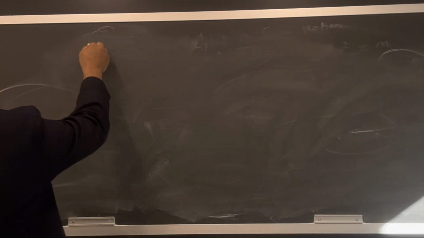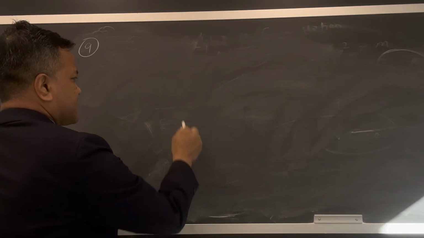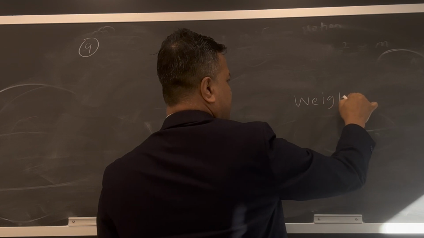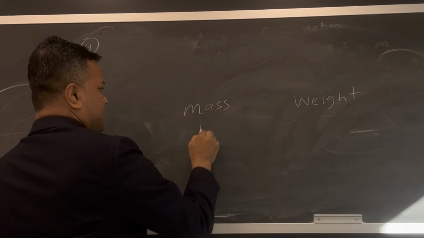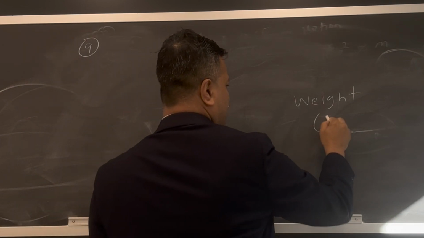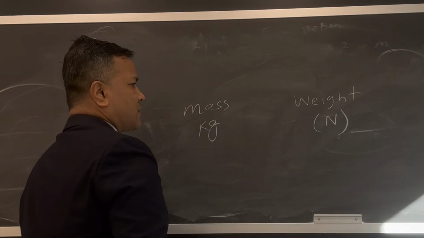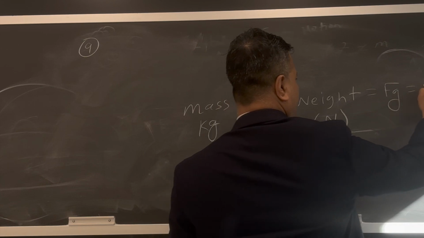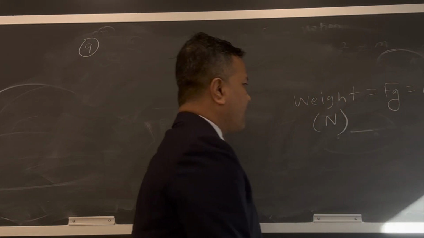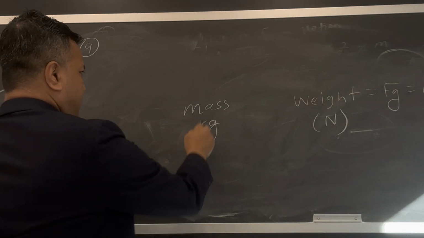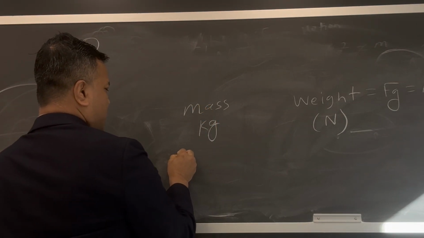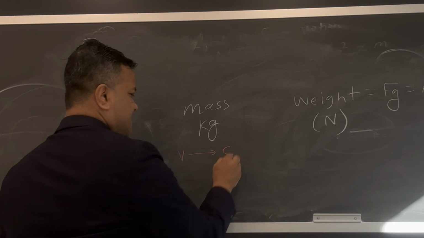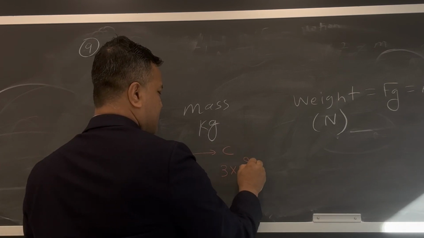Number 9. In class, I told you many times the differences between mass and weight. Mass is measured in kilograms, weight is measured in Newtons. You can call weight F_G, or you can call weight mg. You can only change mass by moving, if your speed goes to c. c is the speed of light, 3 times 10 raised to 8.